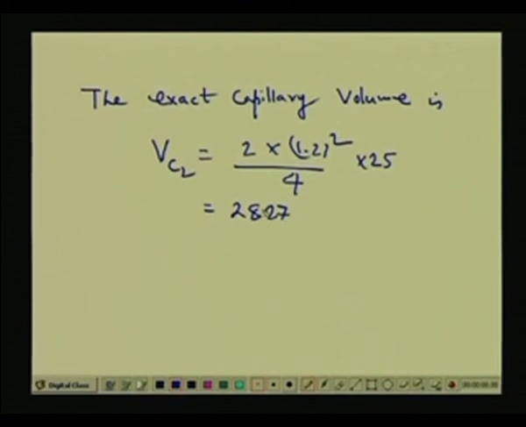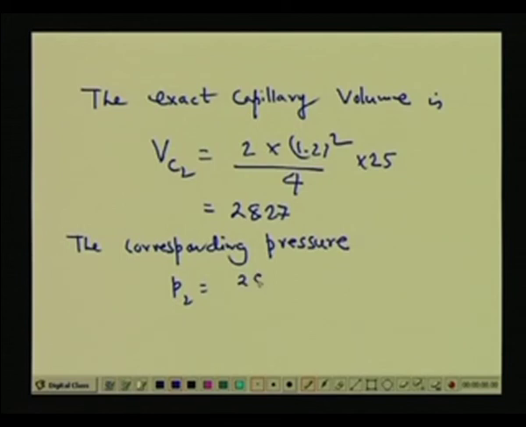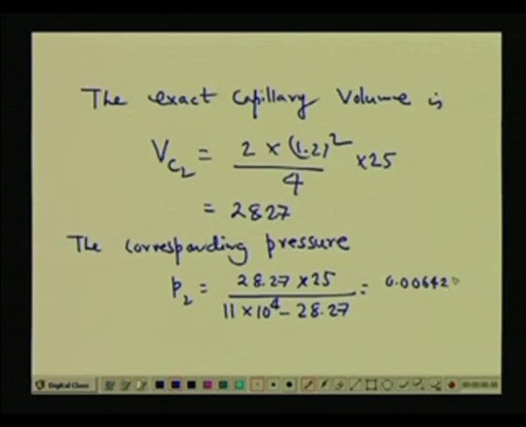So, the corresponding pressure will be P2, that is 28.27 into 25 upon 11 into 10 to the power 4 minus 28.27, which is equal to 0.00642 torr.